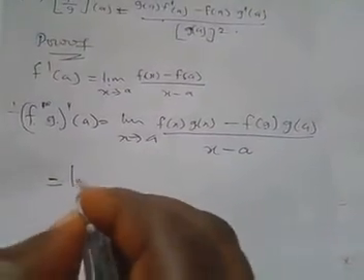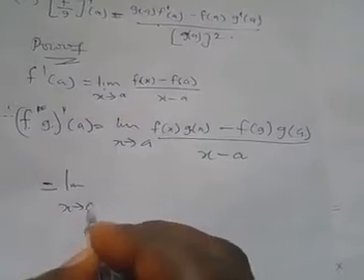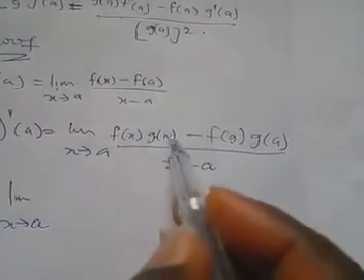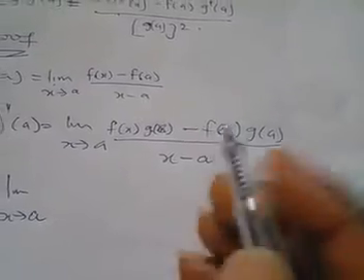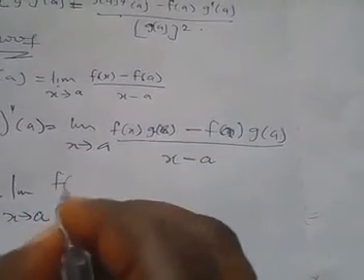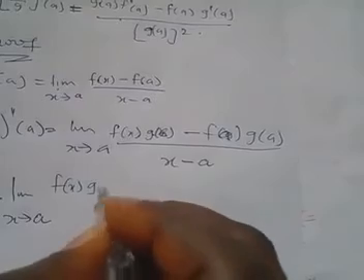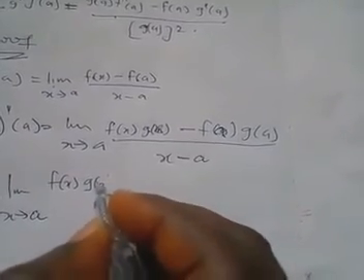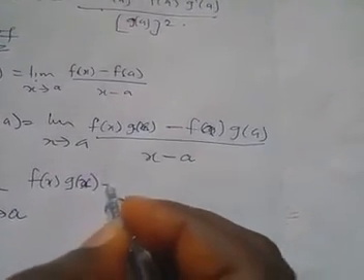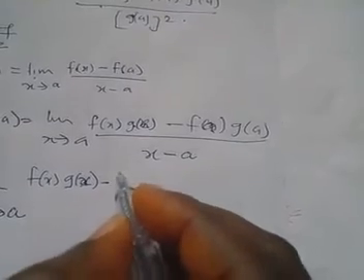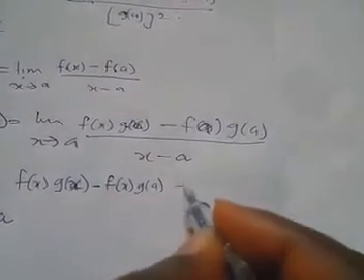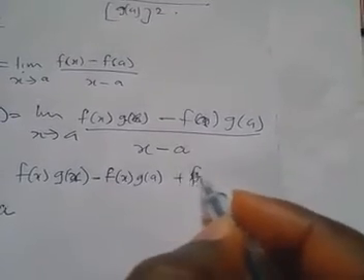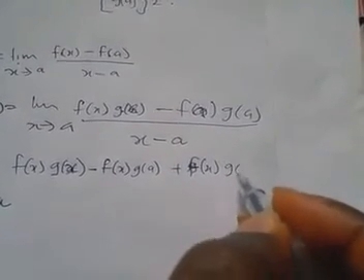Now if you simplify further, don't forget that this is f(s)g(s) minus f(a)g(a). Something is missing there. What is missing is we need to put it there. I can put f(s)g(a), then I have to put it back, plus f(s)g(a).